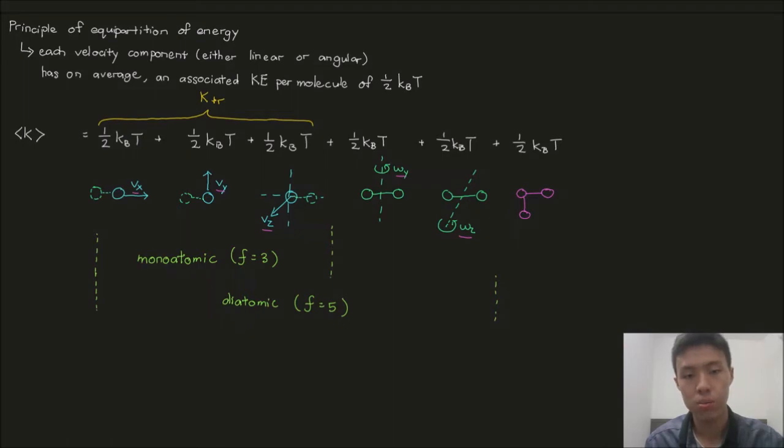The new rotational axis will be in this omega x direction, so you rotate like this. This is the property of a polyatomic gas molecule. As usual, these polyatomic gas molecules can also move in translational motion. No worries about that.